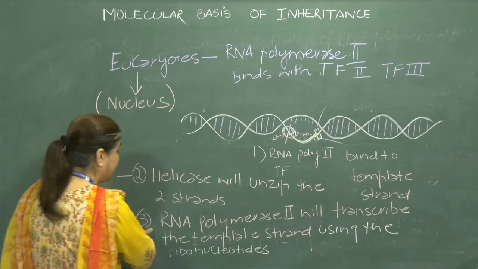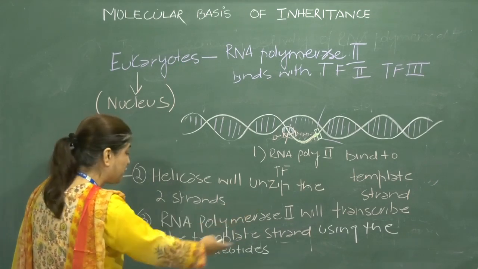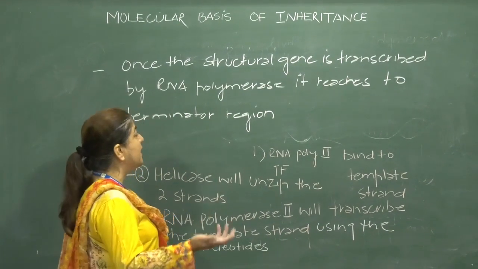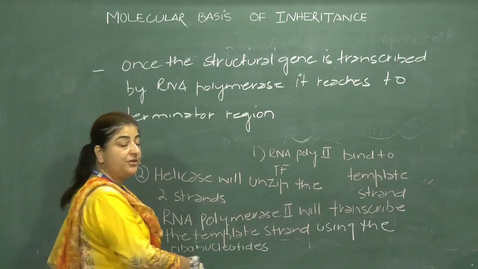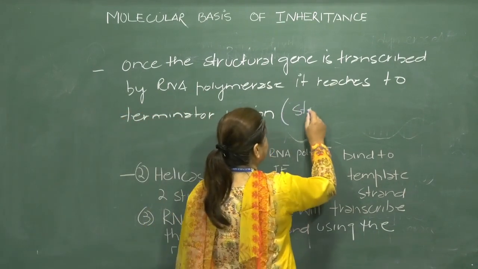Now let's read it. RNA polymerase second will transcribe the template strand using the nucleotides. Once the structural gene is transcribed by RNA polymerase, it reaches the terminator region. As you know, in the terminator region, there are the stop codons.